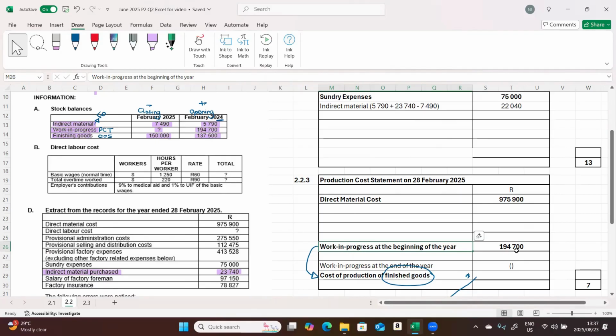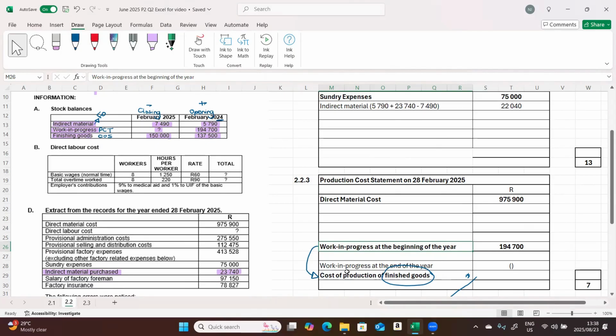So these 194,000 rands worth of work in progress will continue through the production process and it will become, can you see this arrow? It will become a finished good within the current financial year, as we take it through its production process. So it becomes a completed finished good. That is why we add it to this production cost statement.